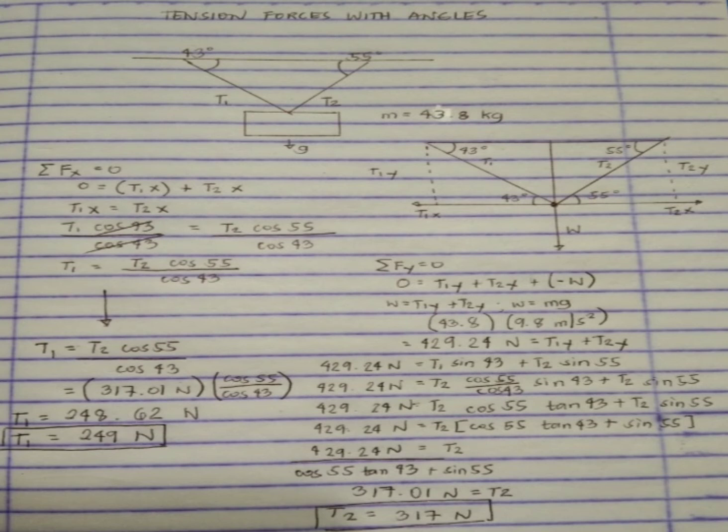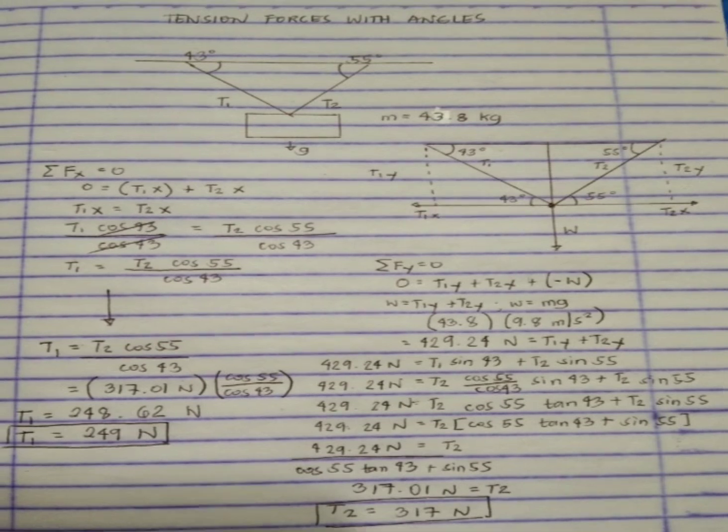On the right side, I have here another diagram indicated on a Cartesian plane. A point or a dot on the center going down is indicated with W. On the left side is T1x and T1y, and the right side is T2x and T2y with indicated angles.